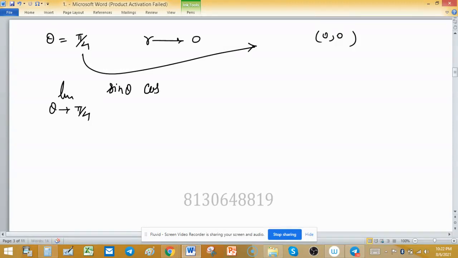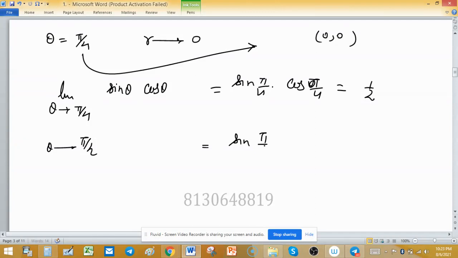So sin theta into cos theta at the point pi by 4 means sin pi by 4 into cos pi by 4, which is half. And when theta is going to pi by 2, we have sin pi by 2 into cos pi by 2. The value of cos pi by 2 is 0, so the limiting value is 0.